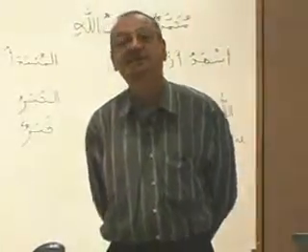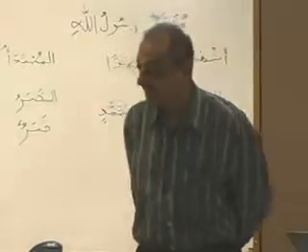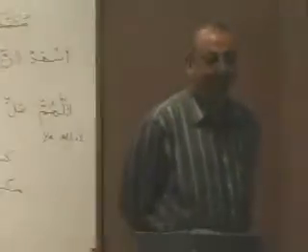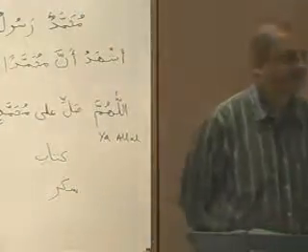Every sentence, if it is a jumla ismiya, will have these two parts. There will be a subject and there will be a predicate. Now, in the beginning, we are dealing with simple sentences. As we go deeper and deeper, we will be learning a lot more.